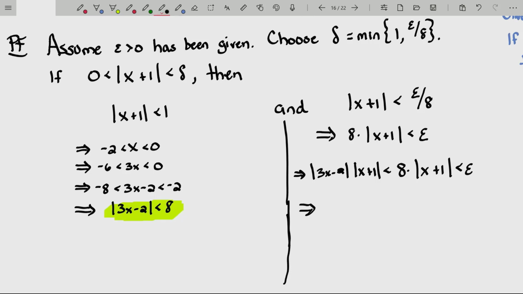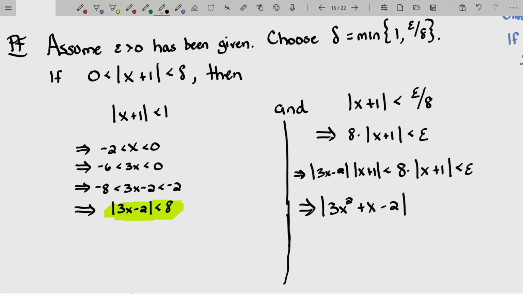Well, that implies, ladies and gentlemen of the jury, if you don't mind me multiplying out this binomial, it implies that 3x squared minus 2x plus 3x plus x minus 2 in absolute values, because that's what this is right here, is therefore less than that epsilon. And they say, yeah.